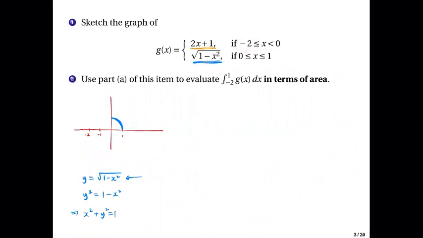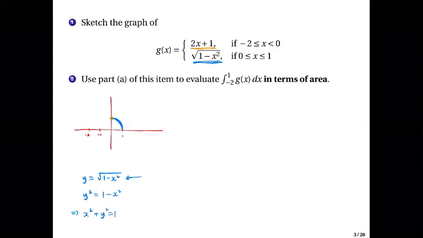Notice when x equals 0, if you use this line here, you'll just get g of x equals 1. There's a hole there, but it doesn't matter to us anyway.